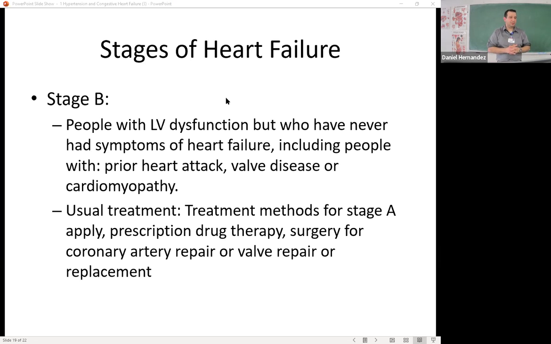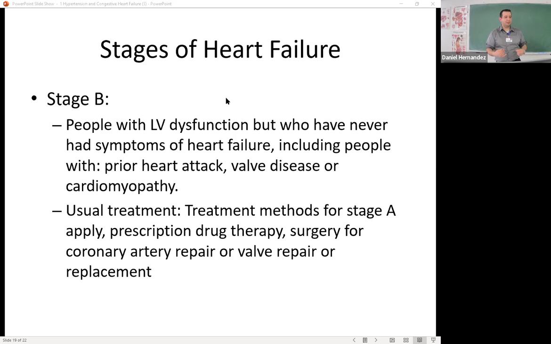Treatments for patients in stage B are similar to stage A. Again, make sure you're following your prescription drug therapy, taking your medications the way your doctors prescribe them. These include patients who have now had surgery for coronary artery issues, maybe bypass, stent placements, valvular repair or replacement.